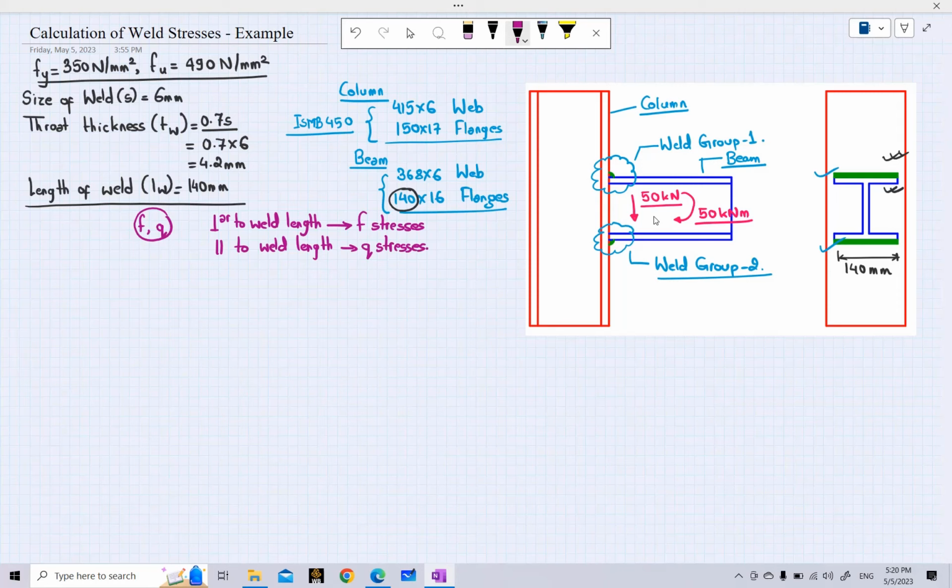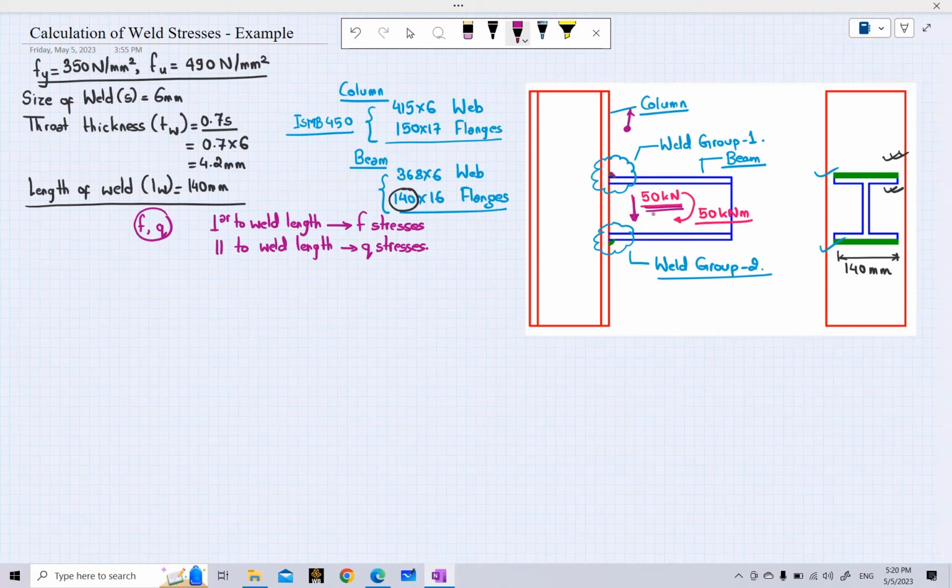First, for the case of this shear force, you can see that the shear force is acting vertically downward here, and the length of the weld is perpendicular to the plane of the screen. That means it is just going through this screen, if you can visualize.